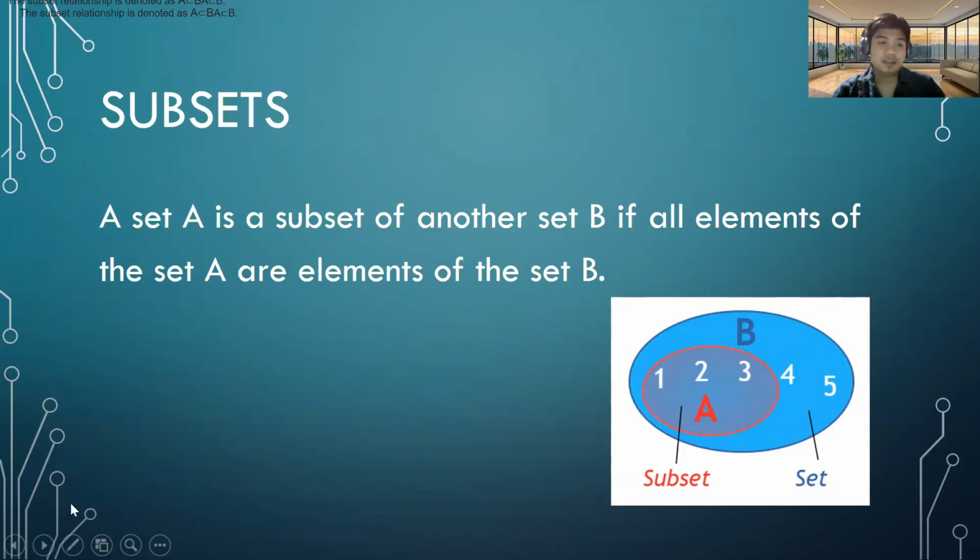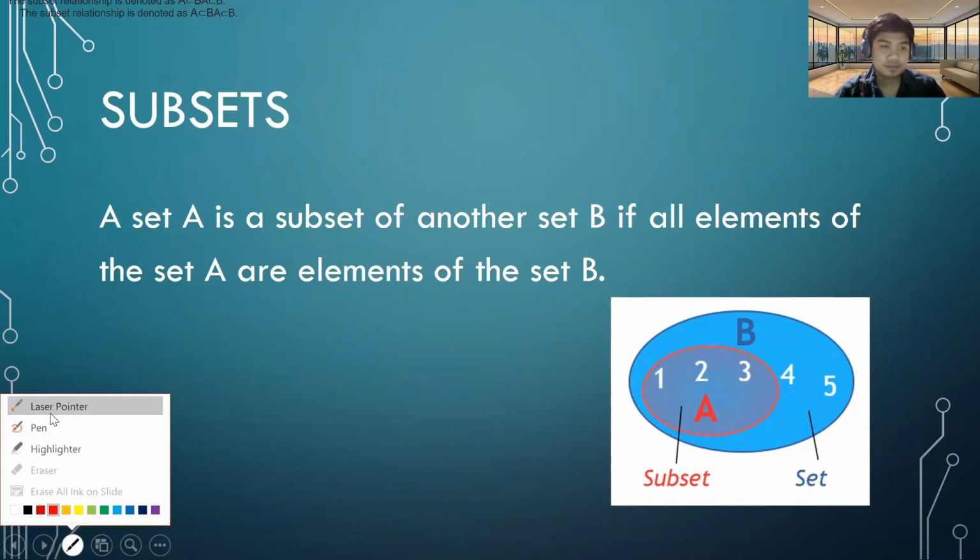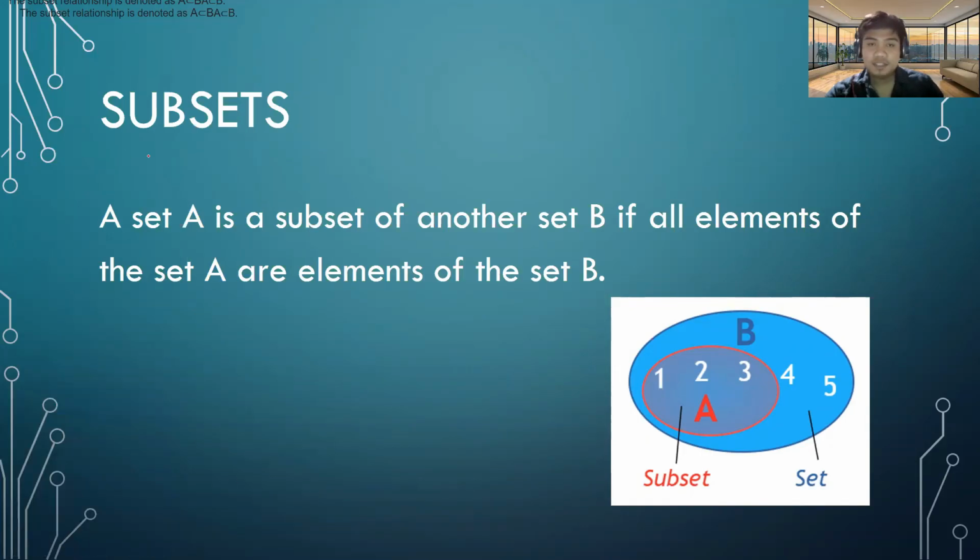here, for example, we have set S: 1, 2, 3, 4, 5, and then we have set T: 1, 2, 5, and then we have set Q: 1, 2, 3, 6.